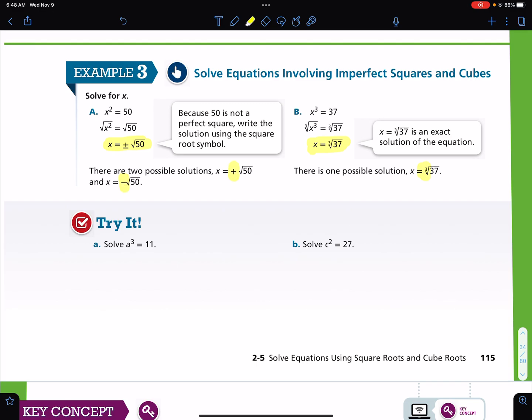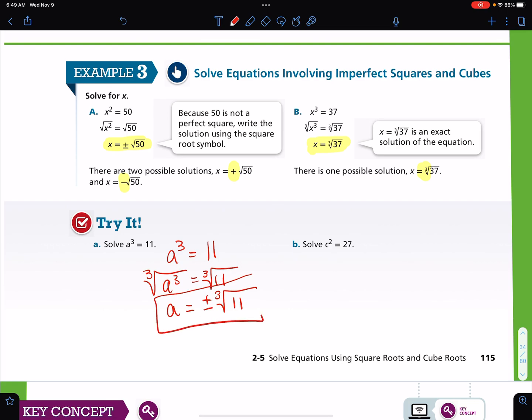So I'm going to rewrite this as a to the third equals 11. I know that 11 is not a perfect cube, so I'm going to take the cube root of both sides, and I'm allowed to leave it as a equals plus or minus the cube root of 11. So this is your final answer. Notice that the positive and negative is in front of it. That must be left that way.